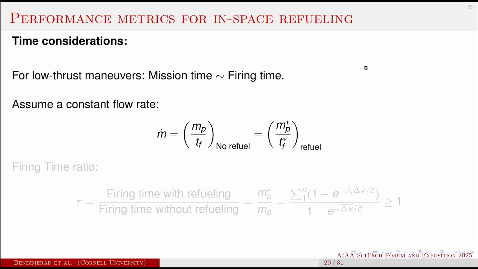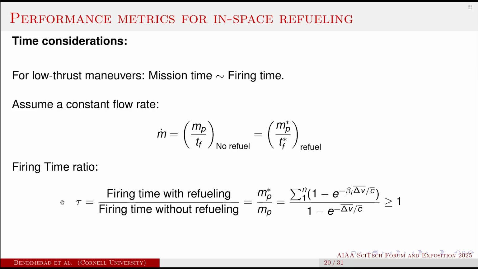And if we assume a constant mass flow rate, m dot, for the case of refueling and the case of no refueling, we can show that this ratio, the firing time ratio, which is the firing time with refueling over the firing time without refueling, is always greater or equal to 1, which means that missions with refueling are always longer than missions without refueling.